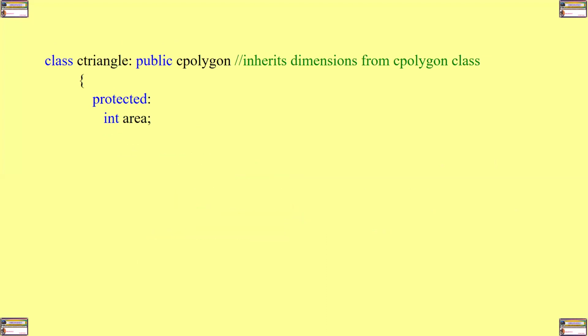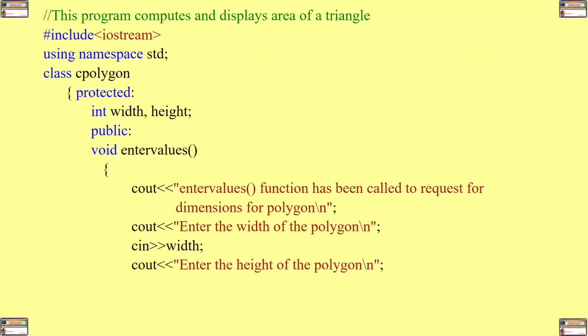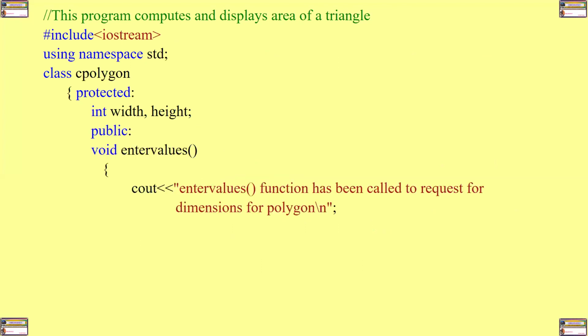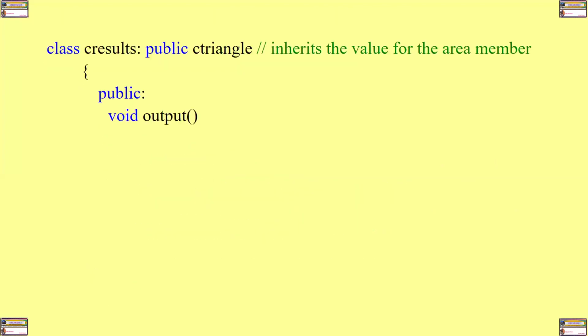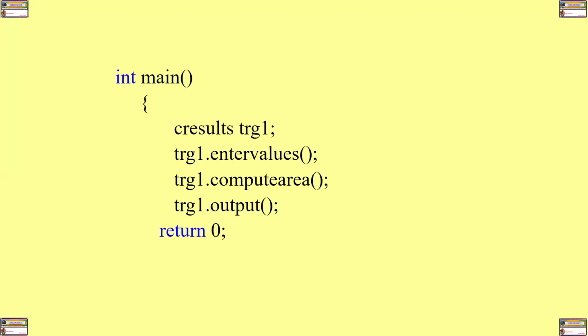And because C triangle is derived from the C polygon class, we are also able to manipulate those members. In other words, my dear students, it is important to note that in multi-level inheritance, the last derived class is able to access the members of all the other classes: the previous derived class, and also the base class.